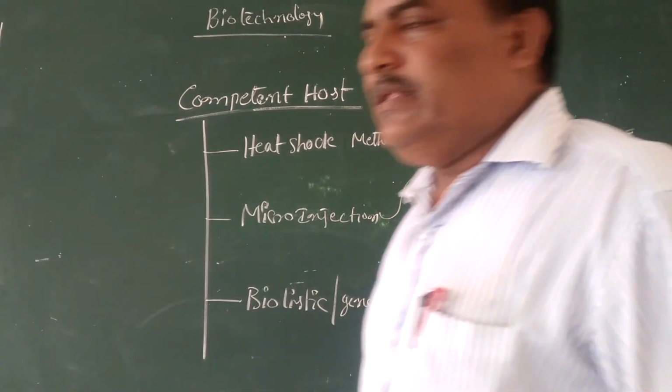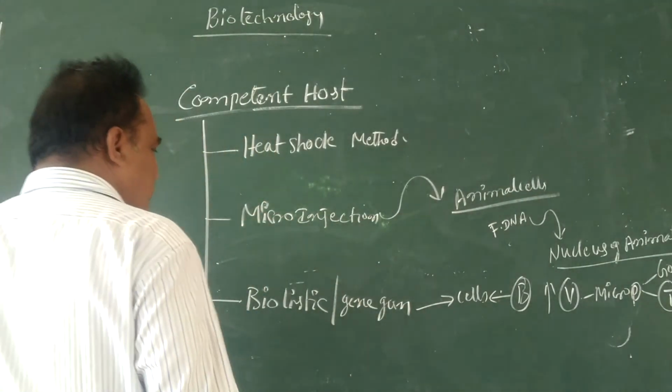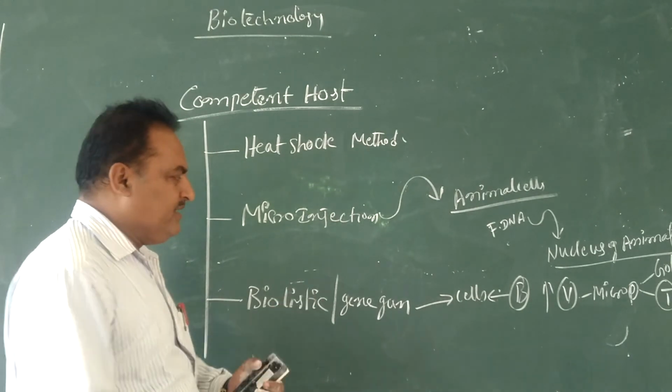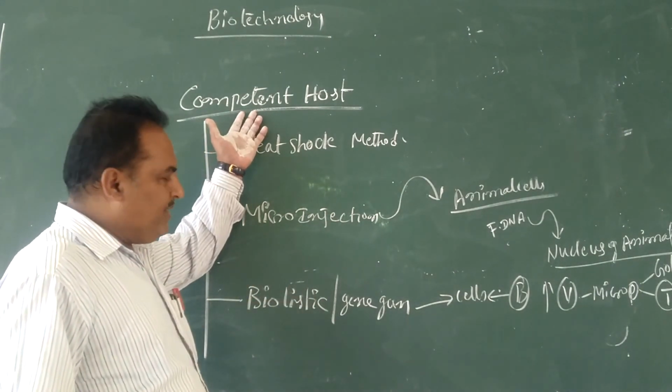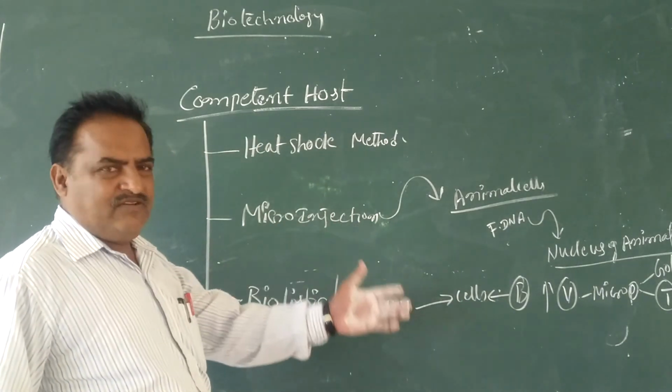In plants, that is called the biolistic method or gene gun method. It is a method to make a competent host, particularly in the case of plant cells.